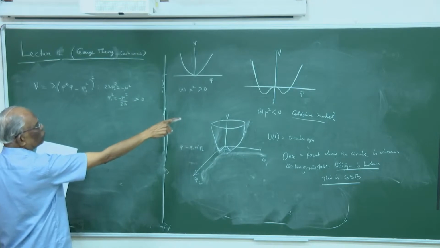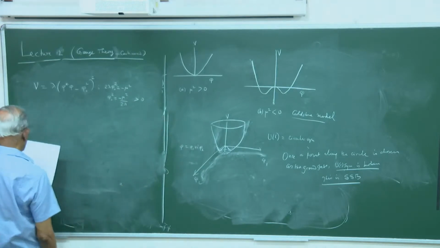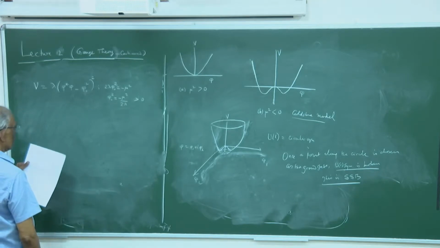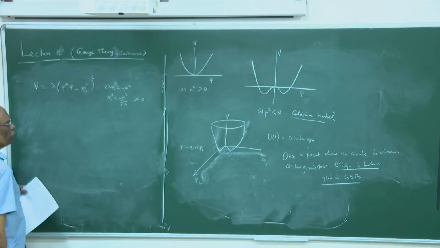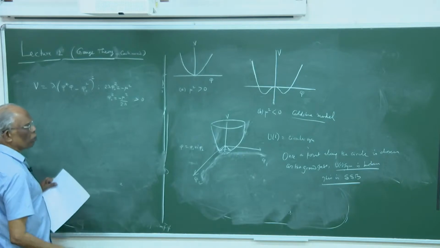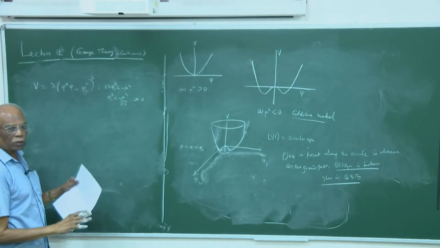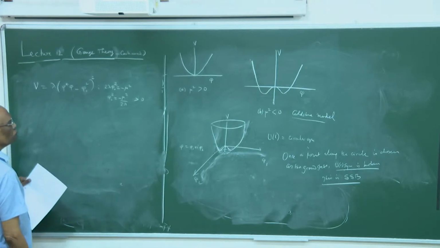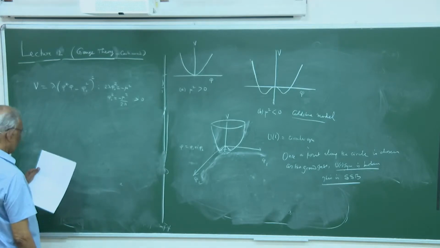Remember, we are considering the mu squared negative Goldstone model. That Goldstone model will lead to spontaneous breakdown of symmetry. So in the field theory, if mu squared happens to be negative, there will be an automatic breakdown of symmetry. That is called spontaneous breakdown of symmetry. Now, how do we put all these things explicitly in terms of equations?